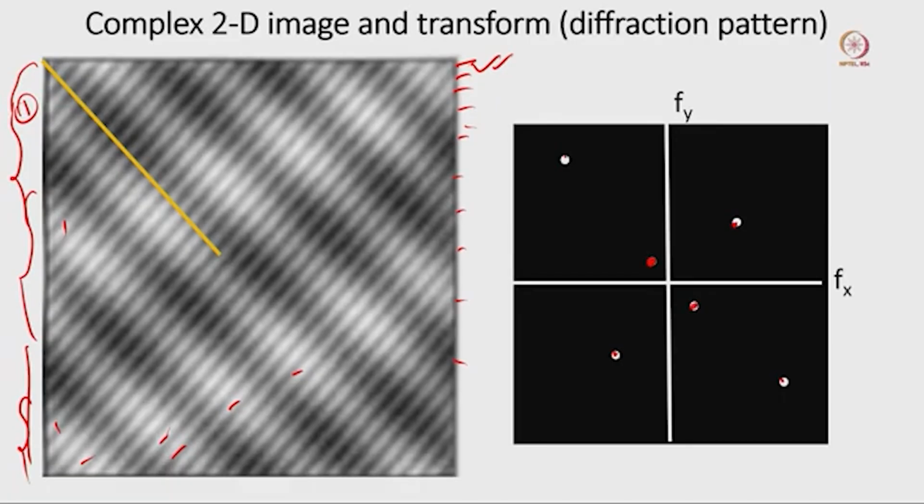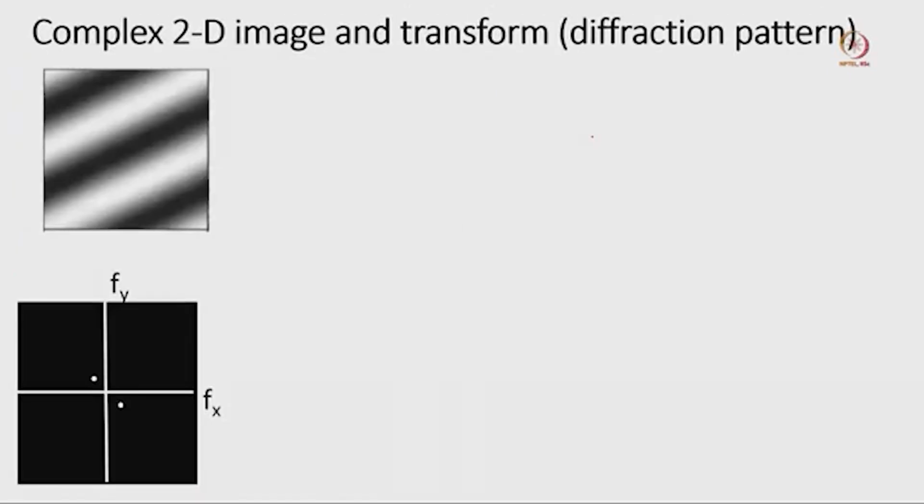In the y direction the frequency is 2, and in the other two images the frequencies are 4 and 18, and we are getting this complicated image. I am just showing you this and then I will finish this part.